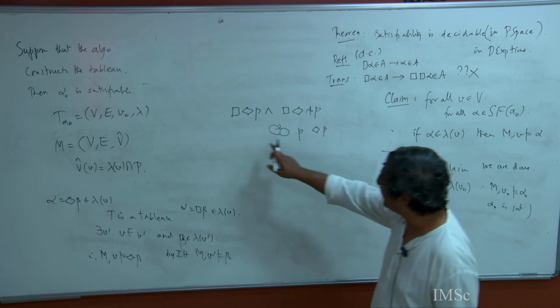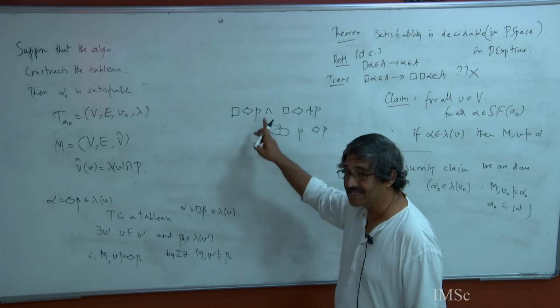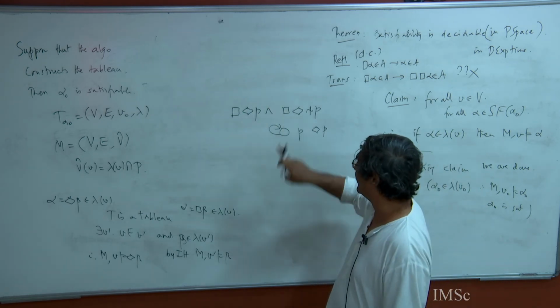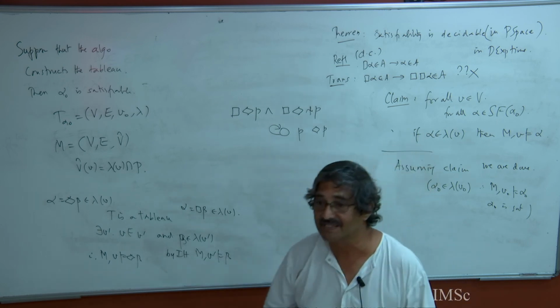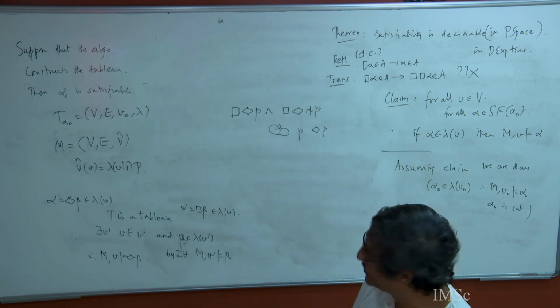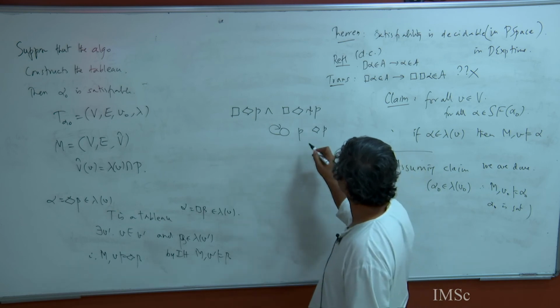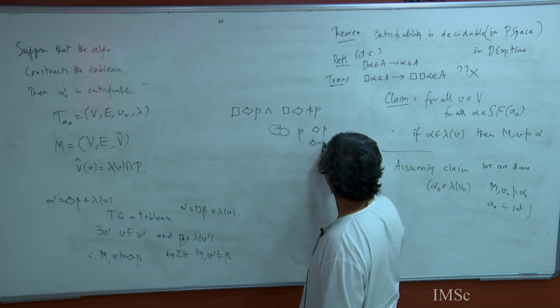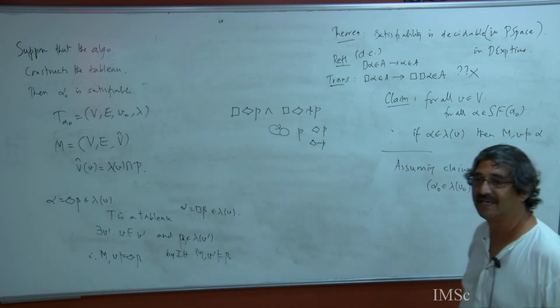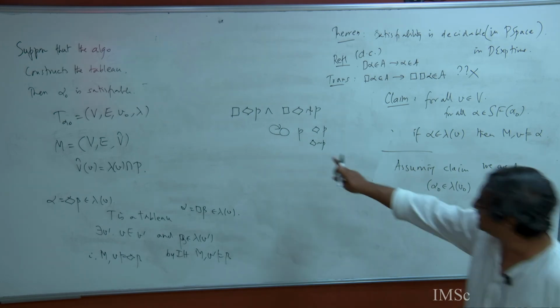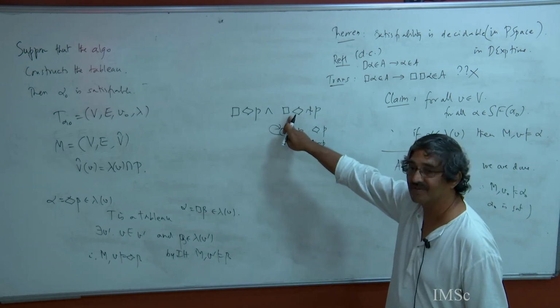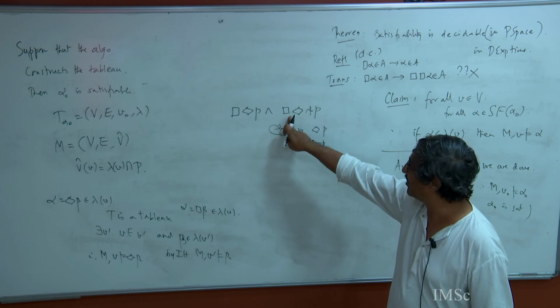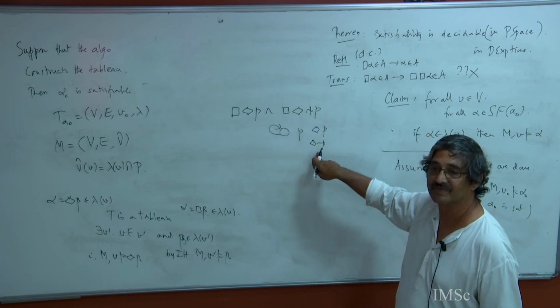Now, everywhere that I reach, this formula holds. Remember, box is now transitive, so here it holds. So, in particular, diamond not P holds here. Is this clear? Remember, this is reachable from itself, so box diamond not P holds, therefore diamond not P holds.